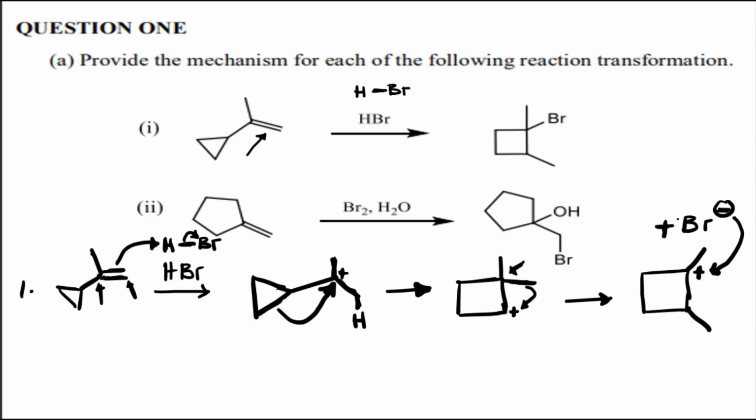When this joins here, you're going to produce this compound there. Okay, so let me just draw it here. This is the product that is formed after the reaction. So this is the reaction mechanism that takes place for this organic compound to be transformed into this organic compound.